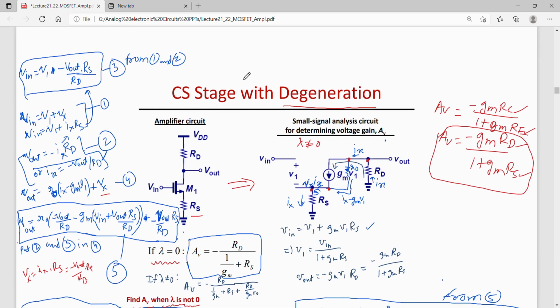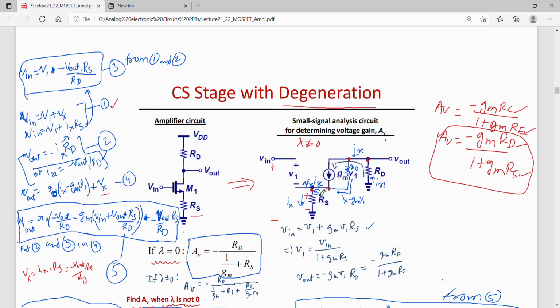Okay. So first relation would be that this V in, which is measured from here to ground, would be equal to V1 plus the potential at this point. So potential at this point is Vx, which drops across RS. Okay. So V in is V1 plus Vx.